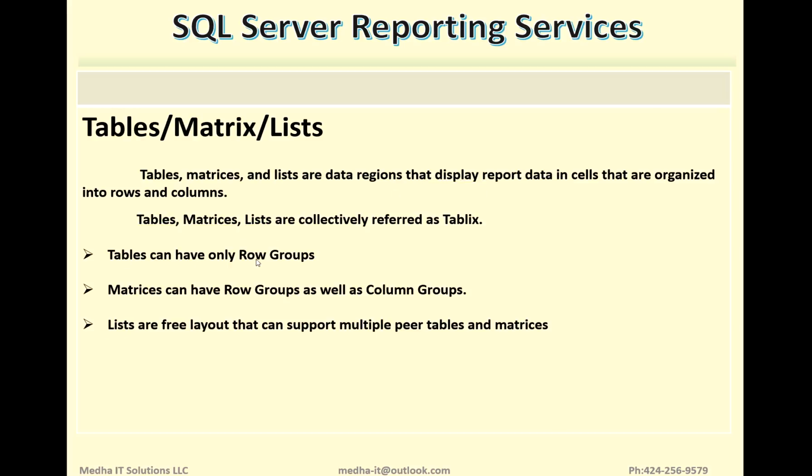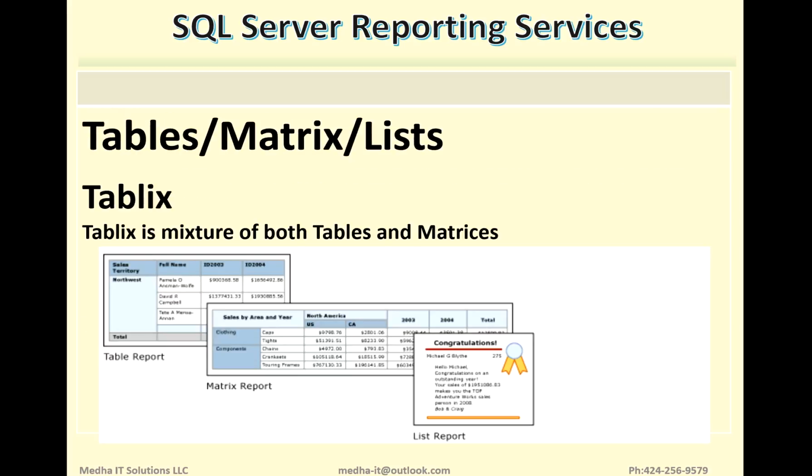And tables can have only row groups, matrices can have row groups as well as column groups, okay. So if you want to look at a sample report structure, this is what those three formats look like. The first one here is the table format.